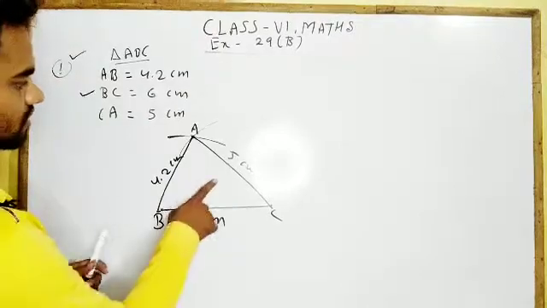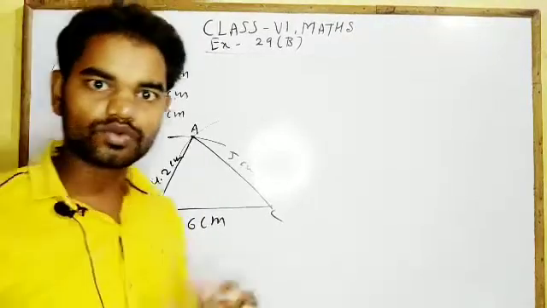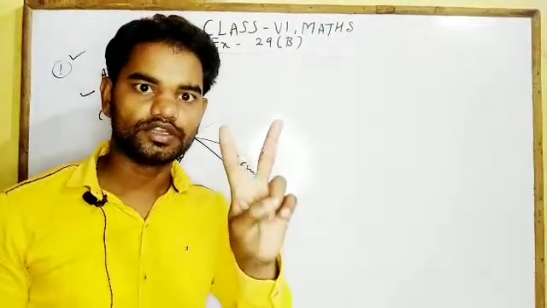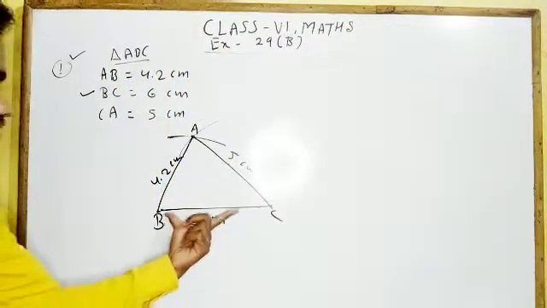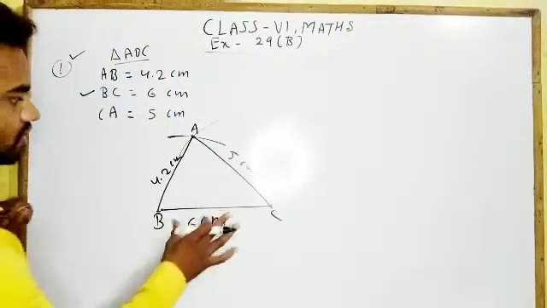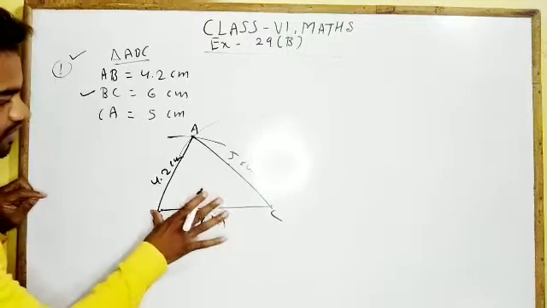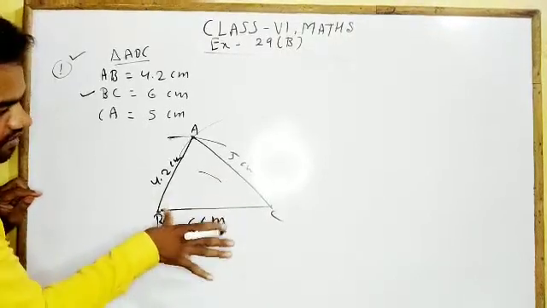Now we have to construct the circumcircle. So how to construct the circumcircle? We already know how to construct the circumcircle. Take any 2 perpendicular bisectors, of BC and AC. Take the perpendicular bisector of BC, this.